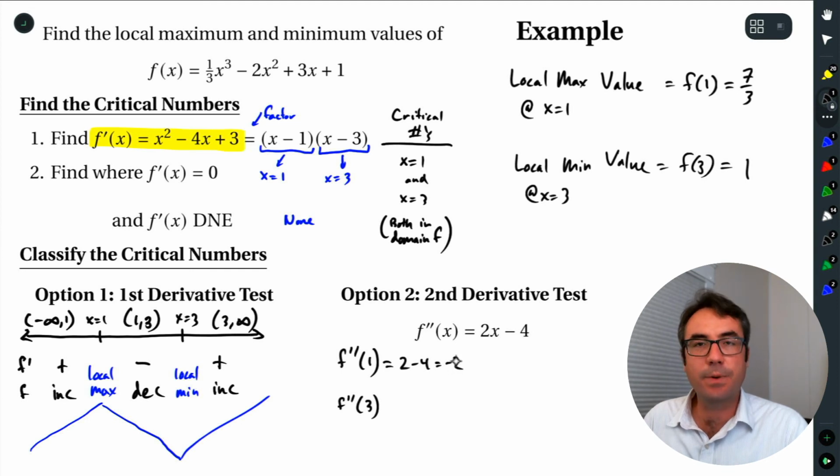The number isn't too important, it's just the sign that's interesting. And so this is negative. To help remember what the second derivative test says, draw in the shape. It's concave down. Drawing in the shape reminds us that a concave down shape means we're going to have a local max here by the second derivative test.